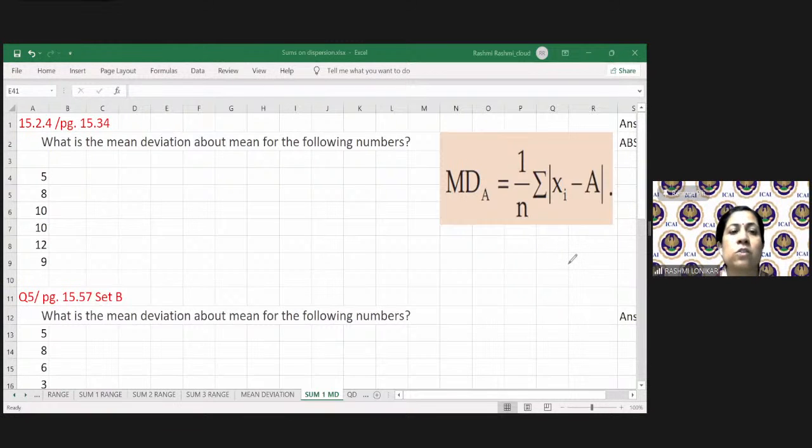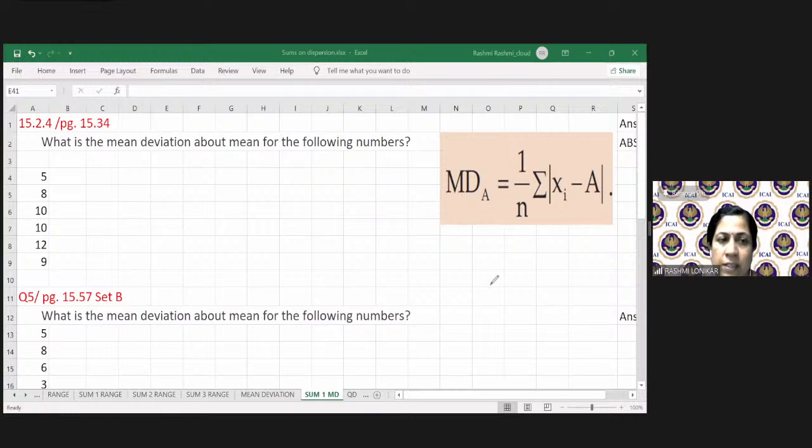Okay, so what now, let us see the sum. Okay, understood? Yes, very good, Priyanka. Now let us see what is the mean deviation about the mean for the following numbers. So whenever you have questions on mean deviation, if it is mean deviation about the mean, find the mean. If it is mean deviation about the median, find the median.